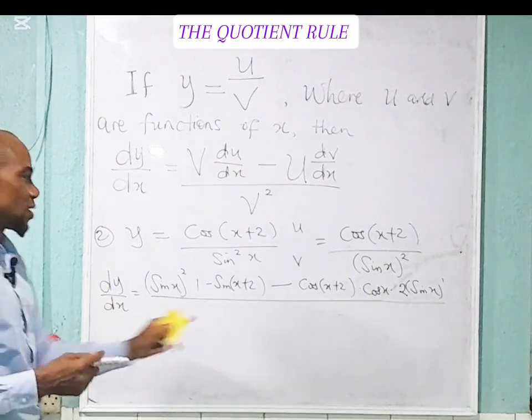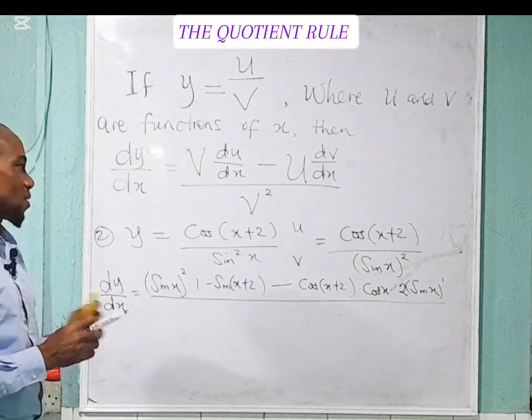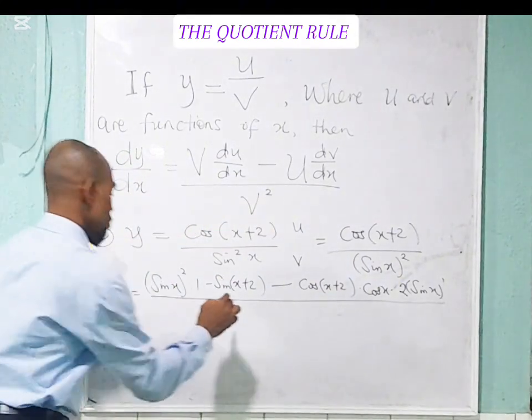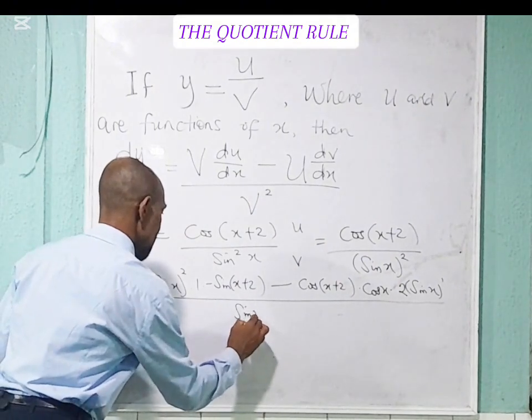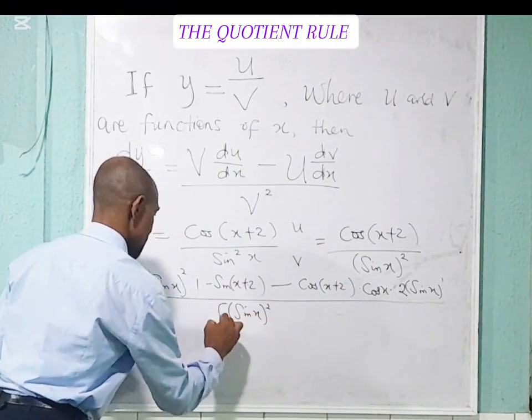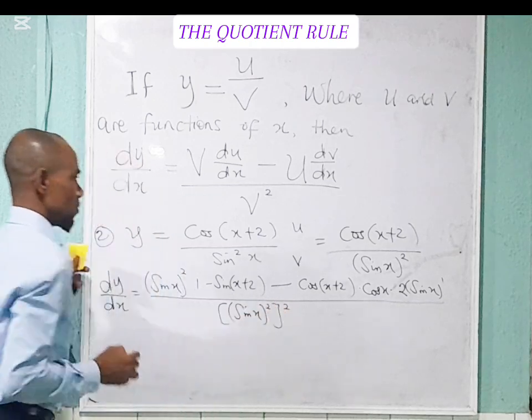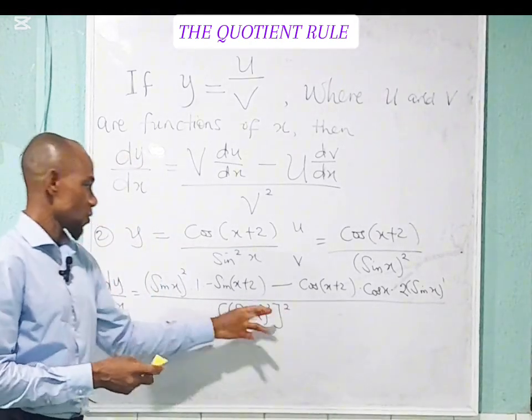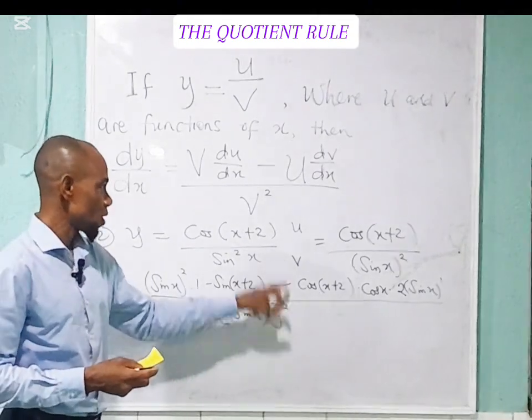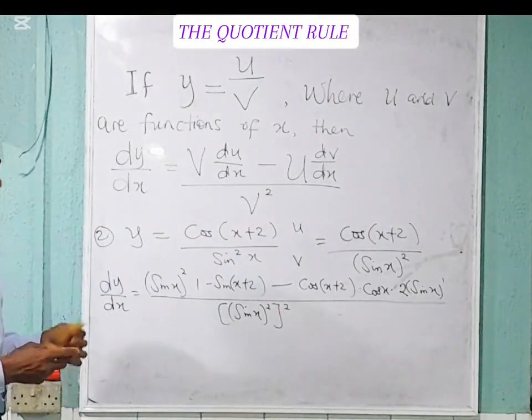My v is actually sine x squared originally, and now we are squaring v. That's going to become sine x squared, again all squared. The first square came with the question. The second square is coming from the formula v squared.